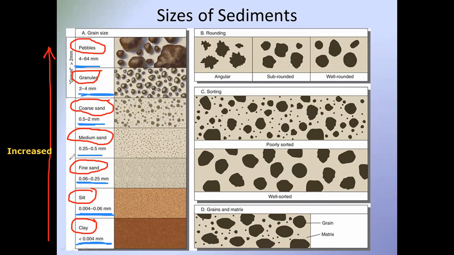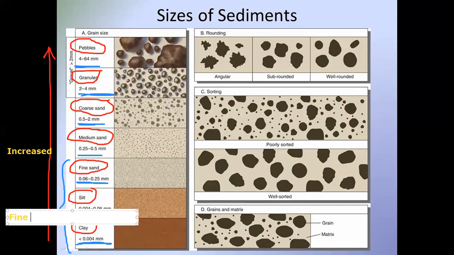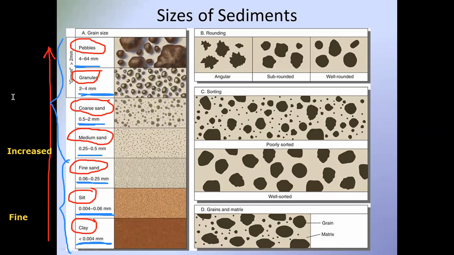Up to the fine size particles, all these sediments are considered fine sediments, and from there up to the pebble, this category is considered coarse particles or coarse sediments. So fine sediments and coarse sediments are there.